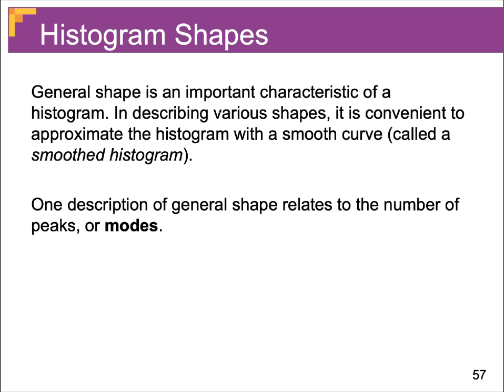Well, in a histogram, the mode is going to be the interval that occurs the most frequently. Now, you might have more of a relative mode, so you could have a peak in one area, a peak in another area, and both of those would be considered modes. So it's not quite as strict as the definition that you used when you were in a younger grade.